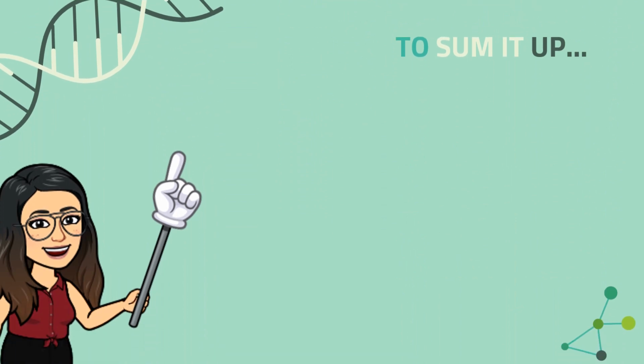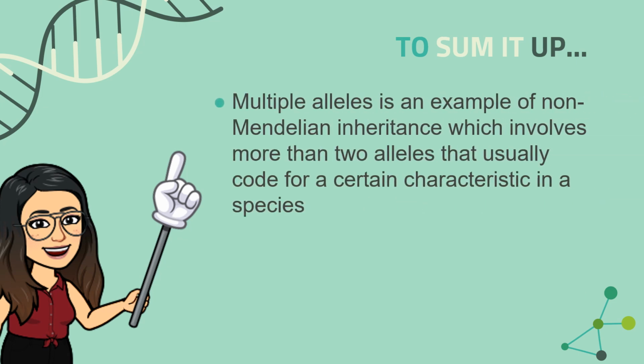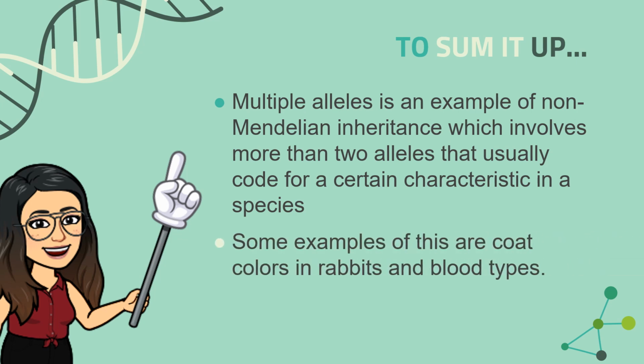Let's have a short recap of what we have discussed today. Multiple alleles is an example of non-Mendelian inheritance, which involves more than two alleles that usually code for a certain characteristic in a species. Some examples of this are coat colors in rabbits and blood type.